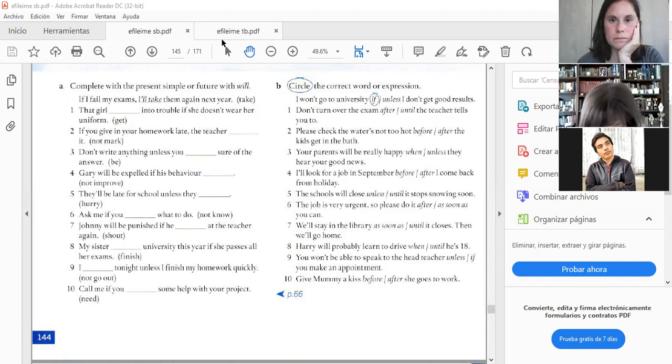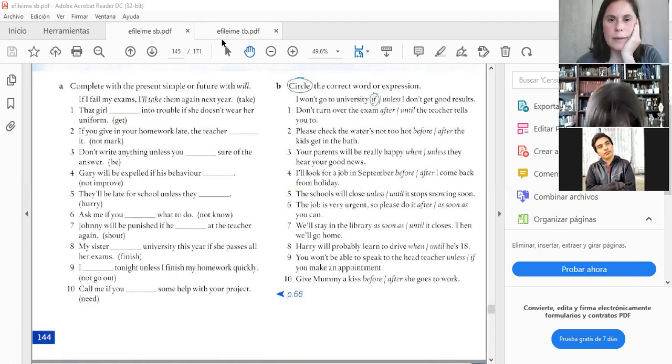Don't turn over the exam until the teacher tells you to. Excellent. What does it mean, that sentence? Marta, don't turn over the exam. No des vuelta el examen hasta que la profesora te lo diga. Excellent. Continue reading, Marta. Please check the water's not too hot before the kids get in the bath.